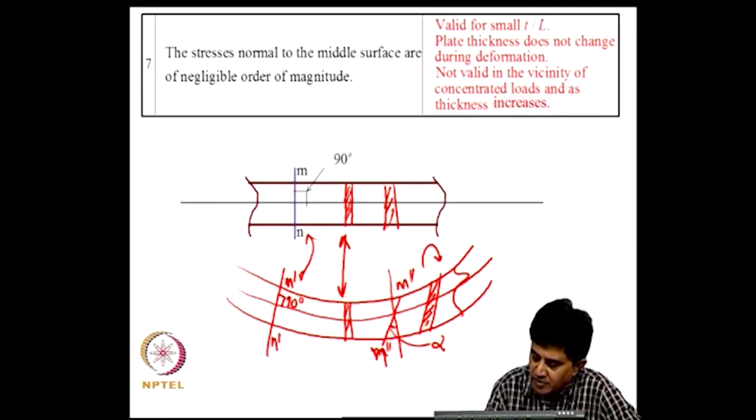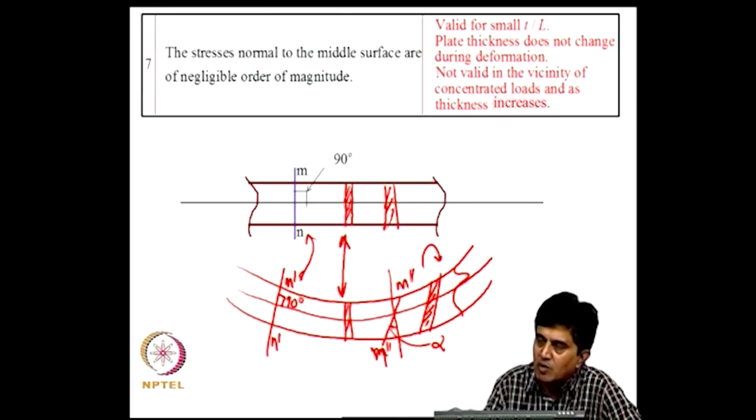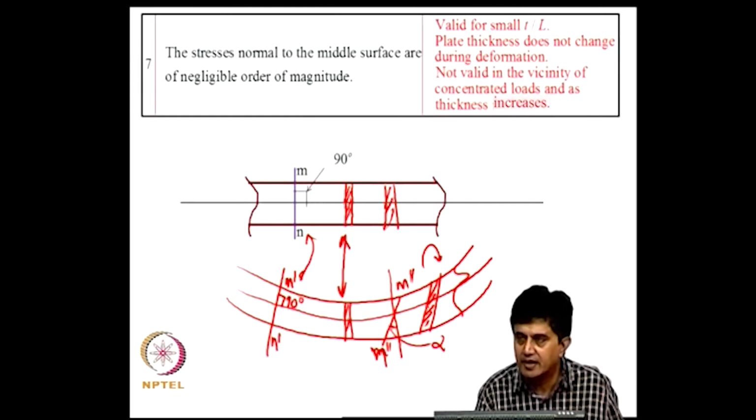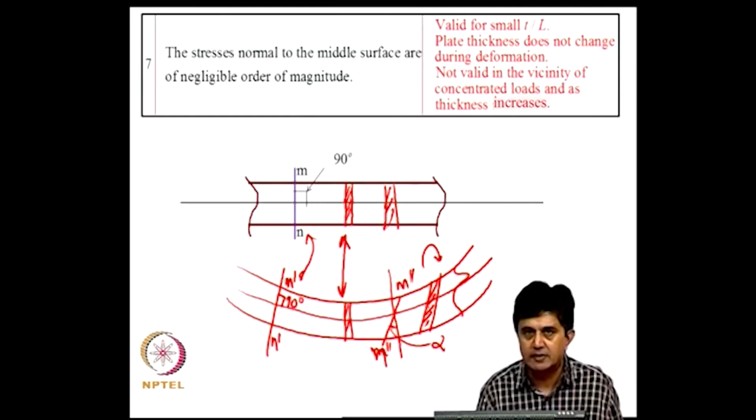So if the thickness of the plate increases, not only do we need to allow for shear deformation, but we also need to take into account the contribution to kinetic energy from rotary inertia terms. Some of these need to be included if you wish to develop refined theories for plate behavior. The one that we are discussing is the theory that is valid for thin plates.